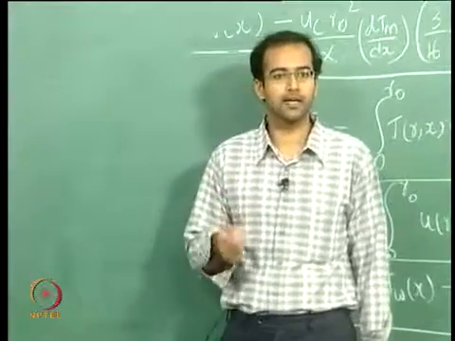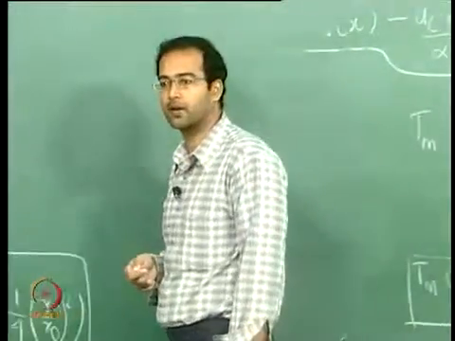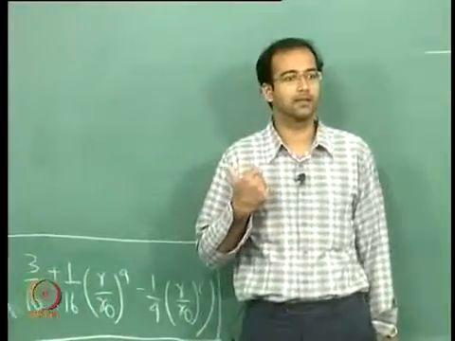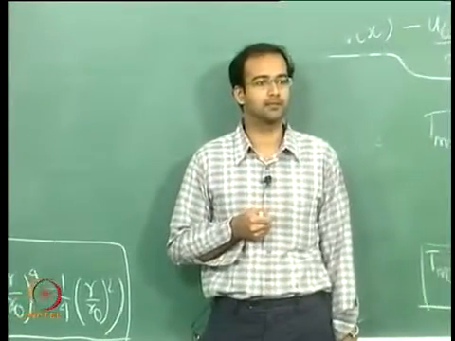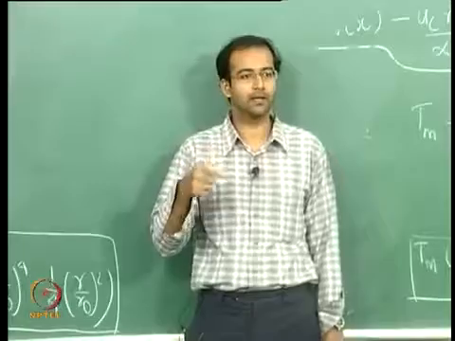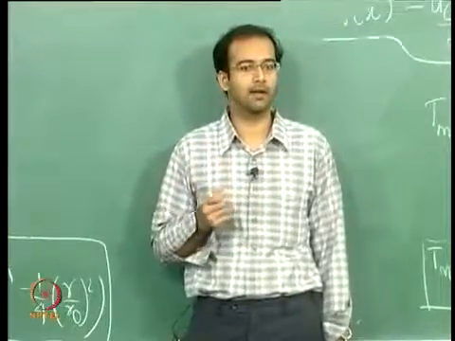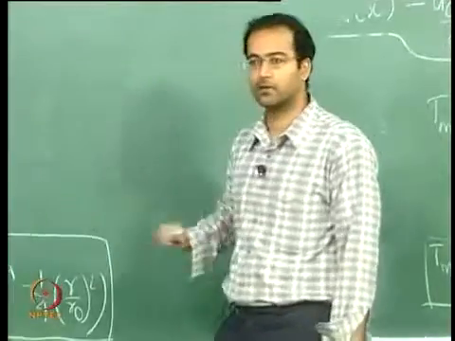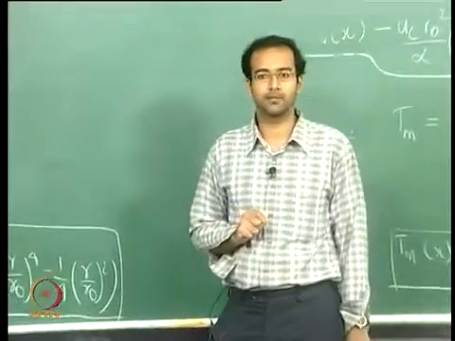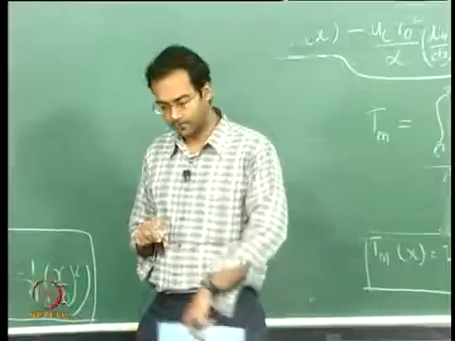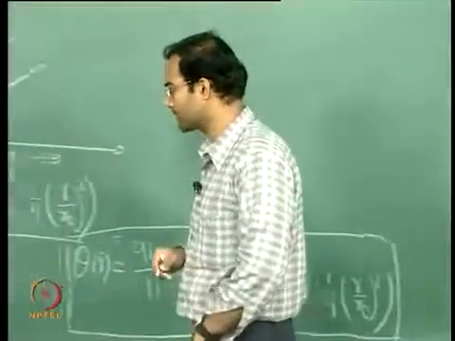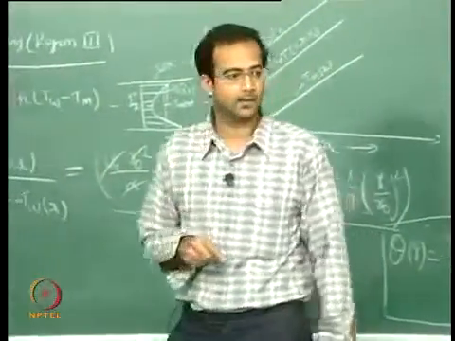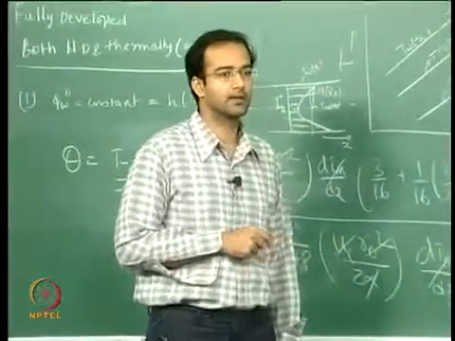We had shown that in the case of thermally and hydrodynamically fully developed flows, the heat transfer coefficient has to be a constant. Now we have to determine what is that constant value. So for the constant heat flux case, we have arrived at the particular profile for non-dimensional temperature. So I will probably give you about 5 minutes. You can from this step calculate what is the heat transfer coefficient.